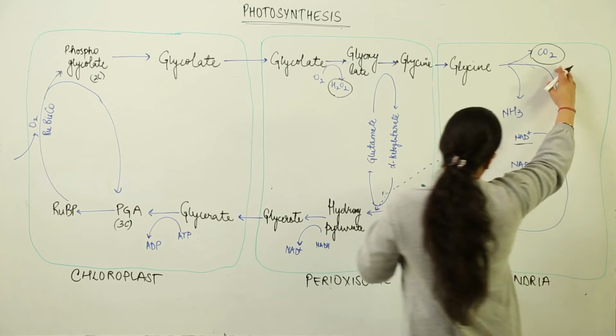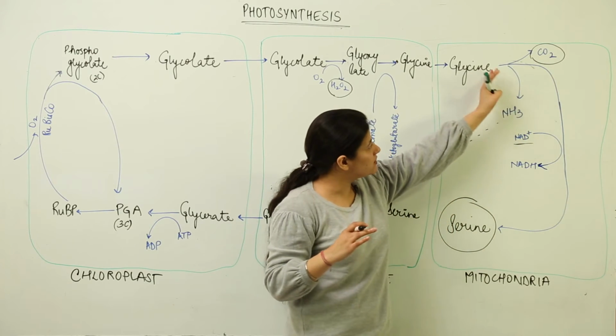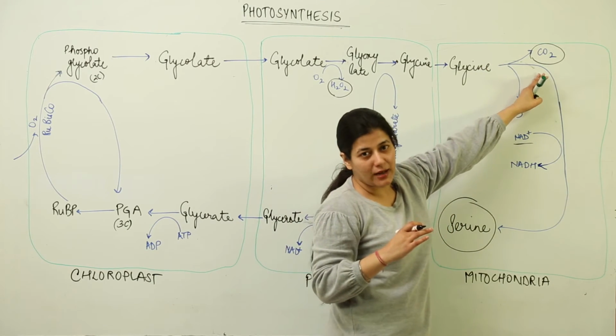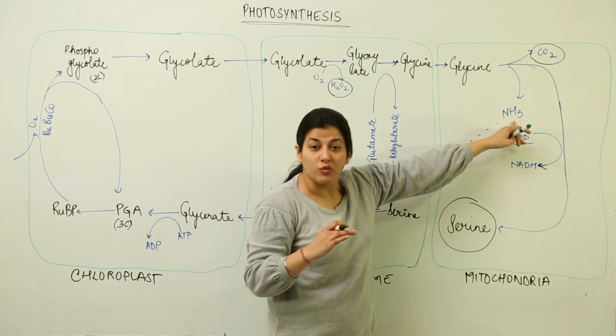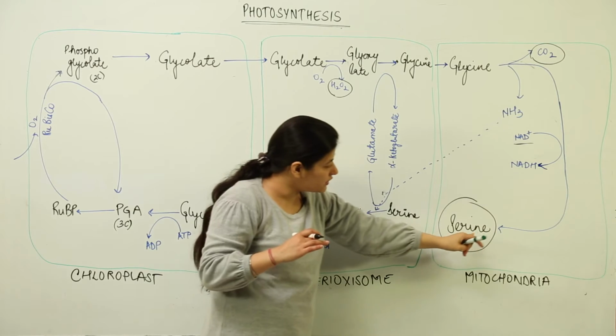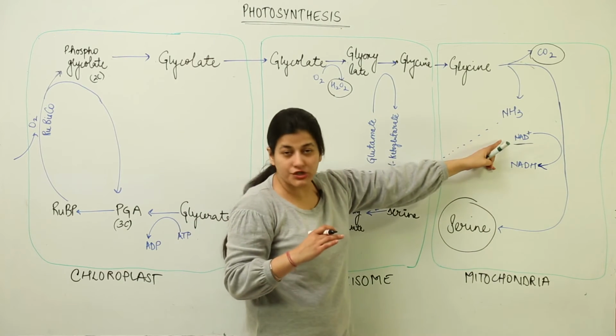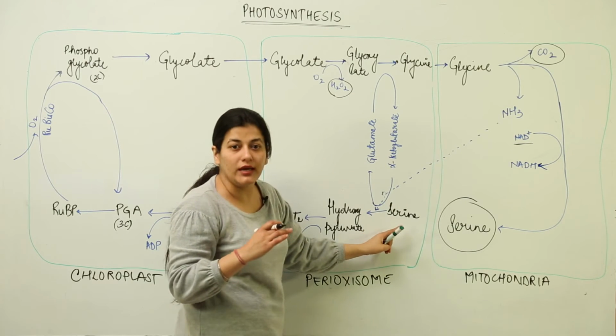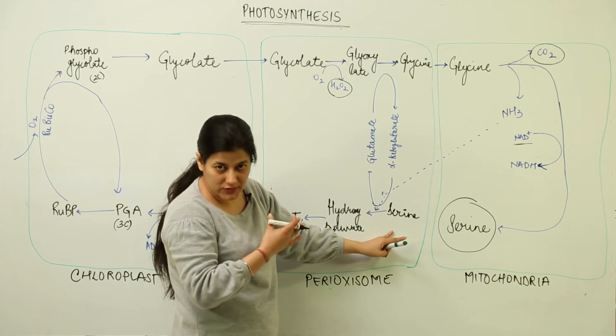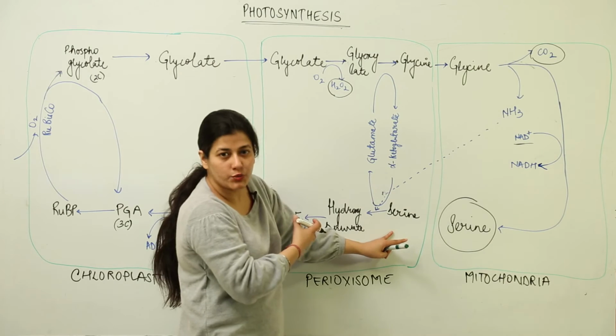And then the second stage is that this glycine, when it loses its carbon dioxide, loses its ammonia as well. One molecule of ammonia is also lost, and it gets converted to serine. This ammonia, which is formed in mitochondria, gets coupled when the serine goes to peroxisomes. Okay, the serine has to go back to peroxisome.